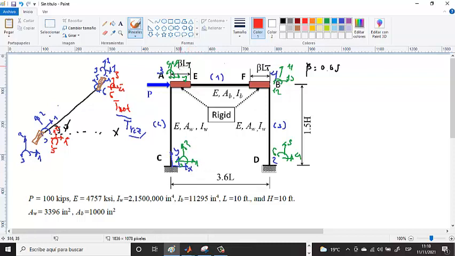So we will say that this node actually has only 1, 2, and 3 degrees of freedom, and the other node 4, 5, and 6. We can say that those are the real degrees of freedom, considering the constraints that we have in the supports.